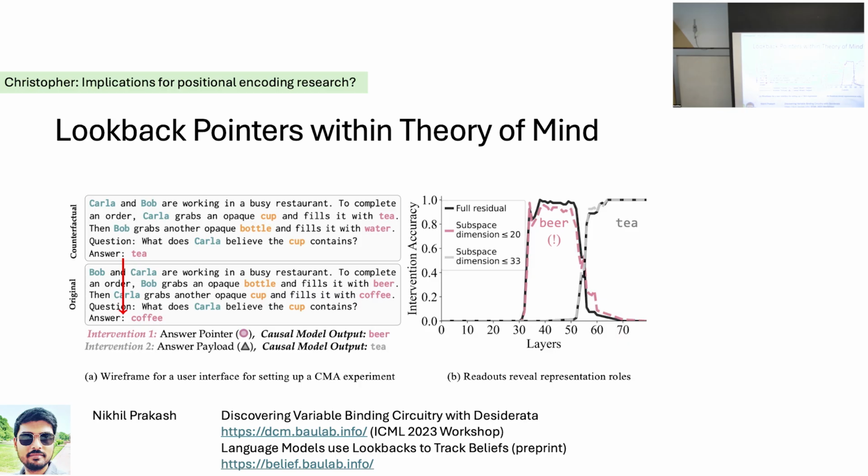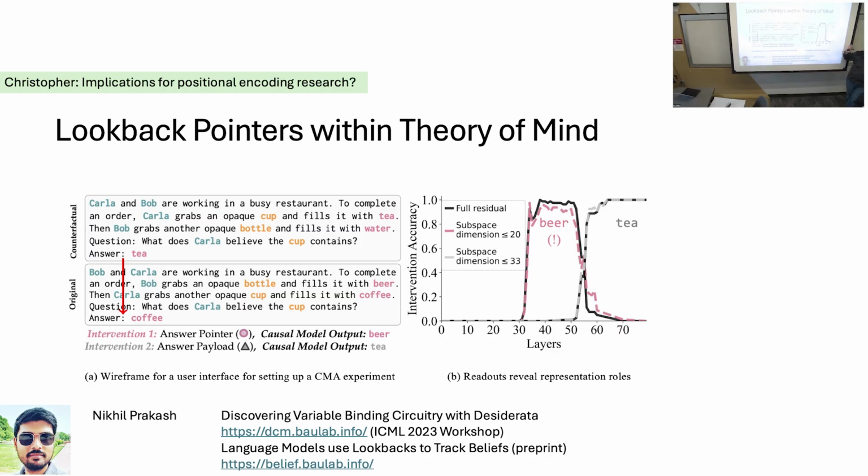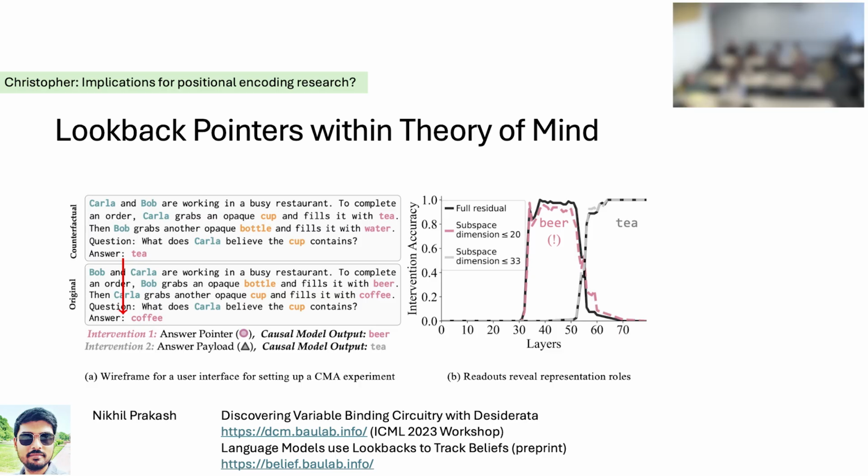But the model has other coordinate systems that it invents for itself, like going back 3 sentences or 5 sentences. Maybe it's better to go back a sentence at a time, or a noun phrase at a time. So it has these different ways of counting, and it looks like these pointers might be expressed in one of these other types of counting, other than the ones that we train into the model.